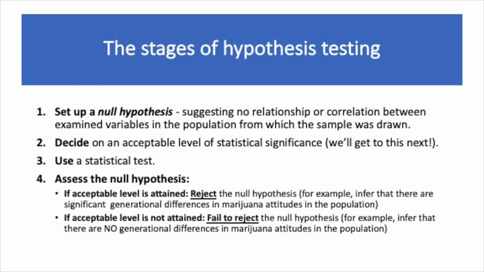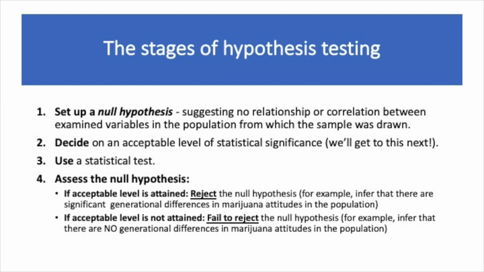And then finally, we're going to assess our null hypothesis. If we get to that acceptable level of statistical significance, we are going to reject our null hypothesis. For example, going back to the example of generational differences in marijuana attitudes, we might infer, if that acceptable level is attained, that there are significant generational differences in marijuana attitudes in the population.